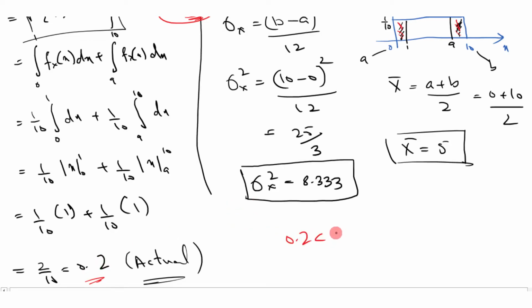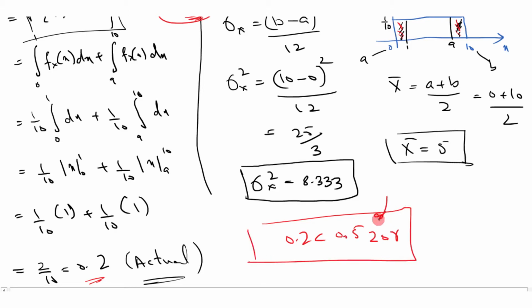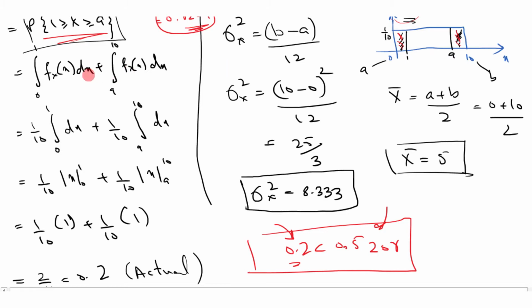0.2 is less than 0.5208. So you get this value using the Chebyshev inequality, whereas you get this value using the density function. It is the actual probability that is representing this thing, whereas you are getting this other value using the Chebyshev inequality.